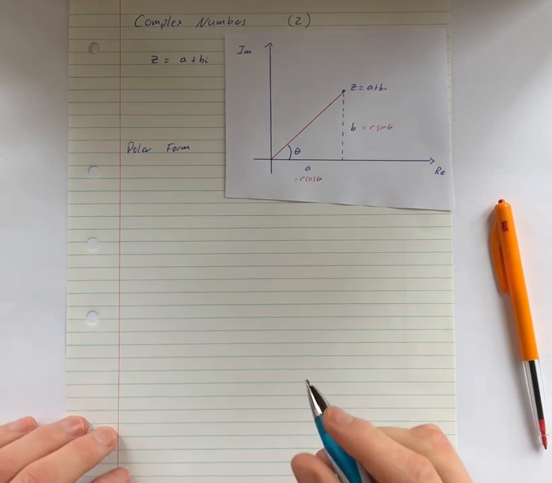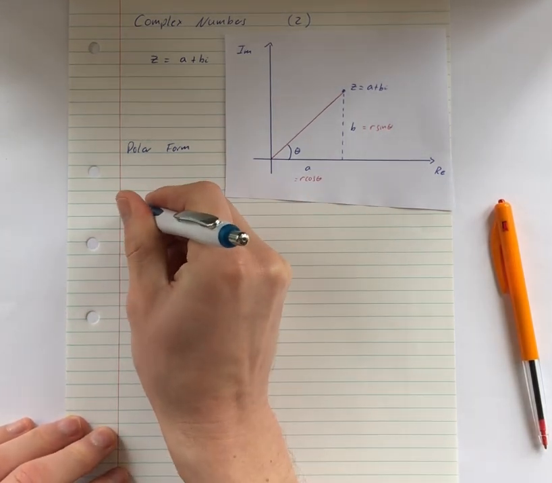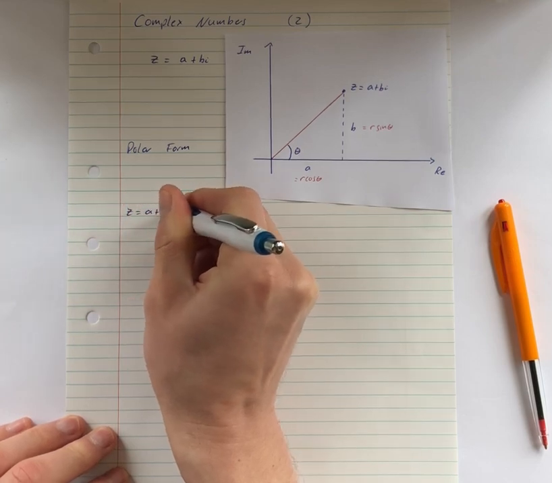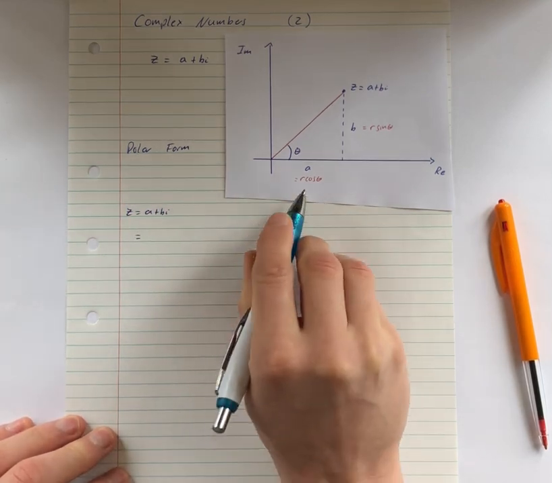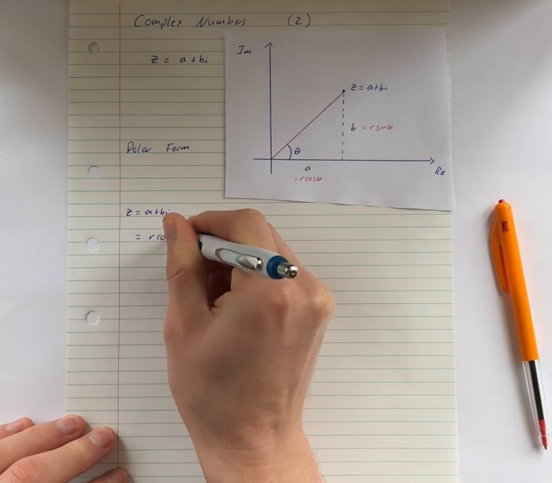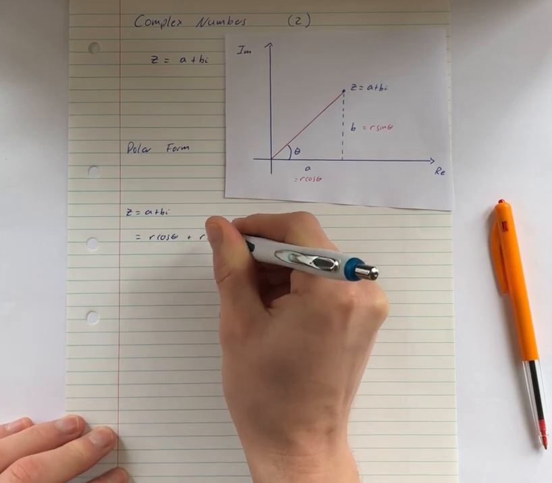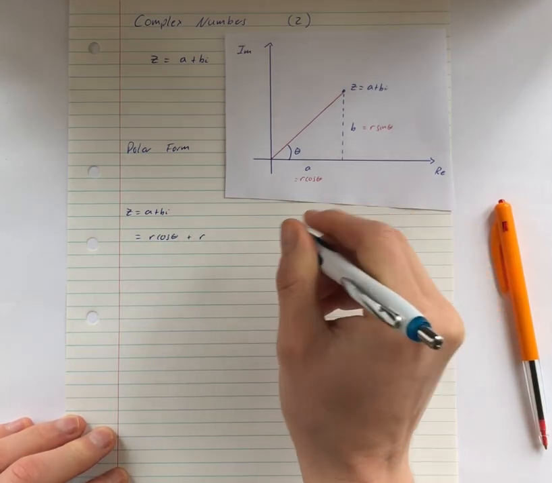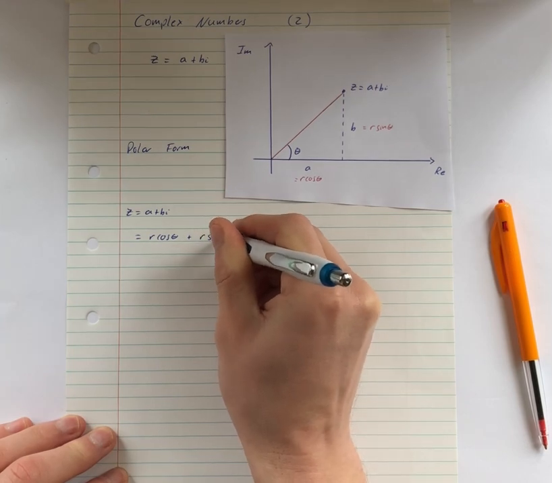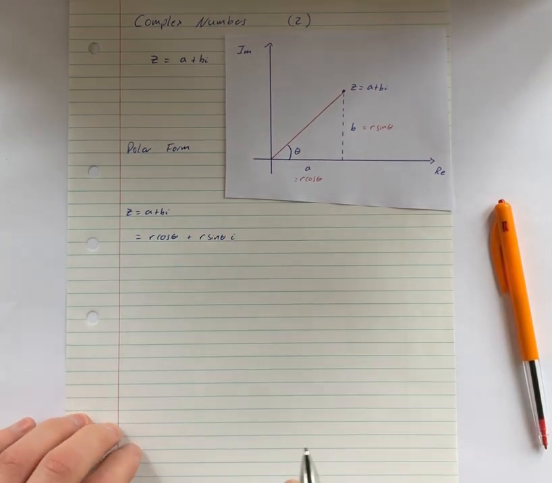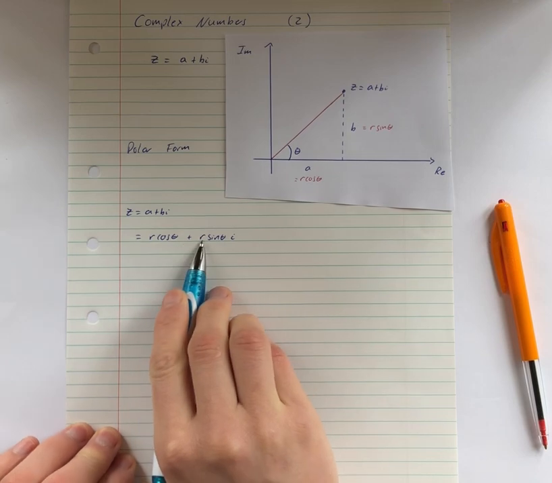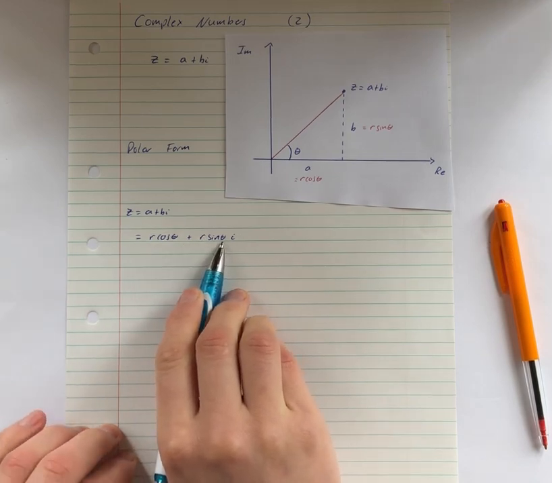In polar form, instead of writing z is A plus Bi, we can write it as R cosine theta plus R sine theta times i, because that's our A part and that's our B part.